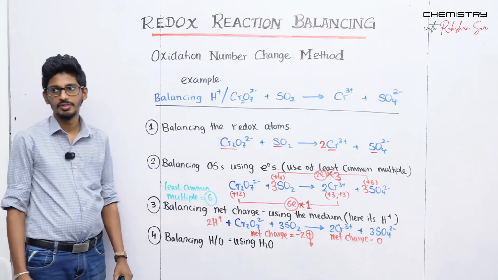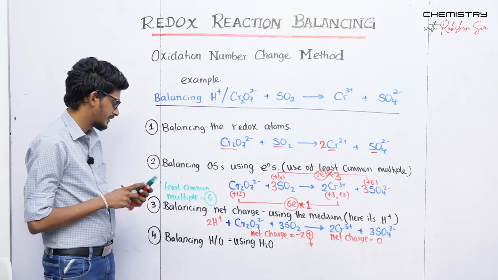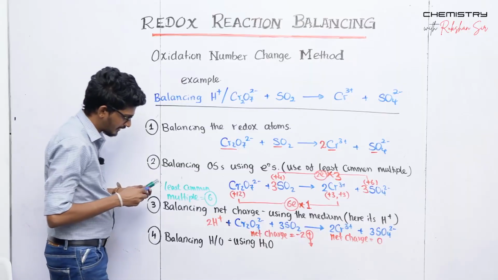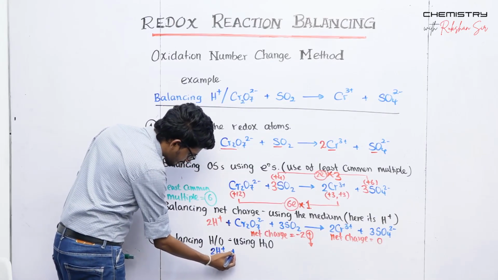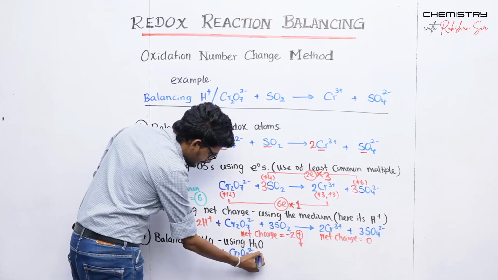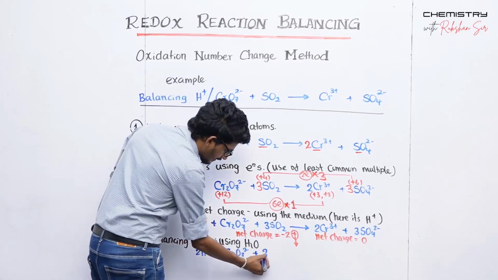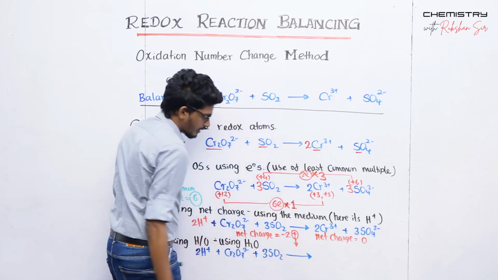Balancing hydrogens with the use of H2O molecules here. Okay. See how to do that. So the thing is balanced up to here, right? 3 of SO2, right?